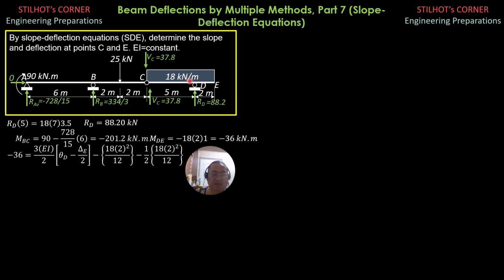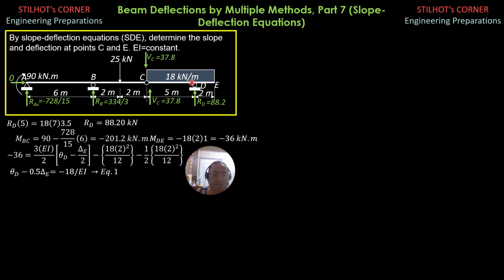Then minus fixed moment at D, which is WL squared over 12, negative of 18 times 2 squared over 12, while the fixed moment at the far end is the same but positive. So minus 1 half of positive 18 times 2 squared over 12. Simplifying, you have theta D minus 0.5 delta E equals negative 18 over EI. Call that equation 1.